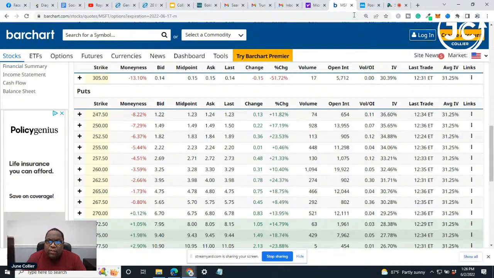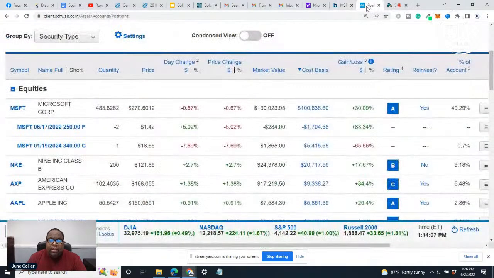All right, so let's go on over here to Charles Schwab. And I really like Charles Schwab because it gives a lot more detail as it relates to dollar amounts and that type of thing. So you'll see right here, here's the June 17th Microsoft 250 put. See that put right there? And you see that -2?